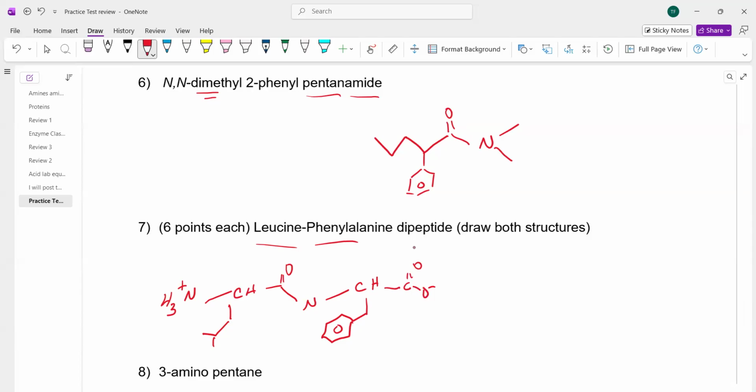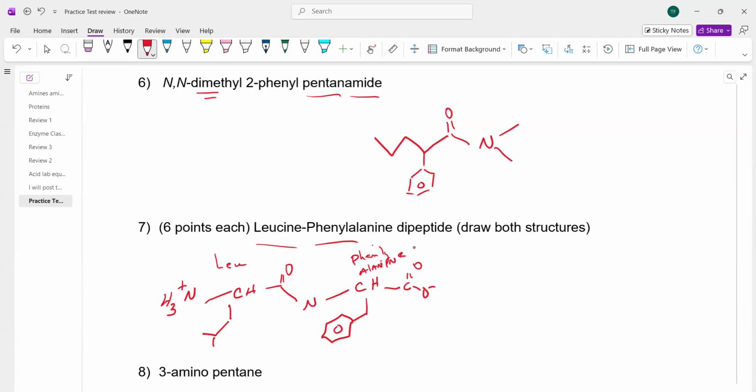That will be first the leucine, and then the phenylalanine.